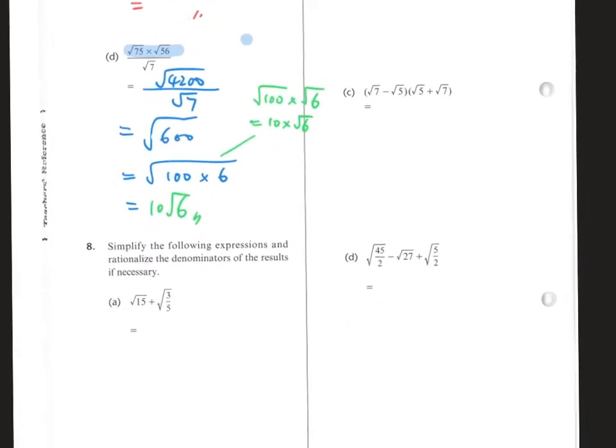And finally, we pick part D as the end of this session. Wow. Okay, a fraction. So I write square root 45 over square root 2, minus root 27, you pick 9 to simplify it, root 5 over 2. Again, we separate it: root 5, root 2 first.